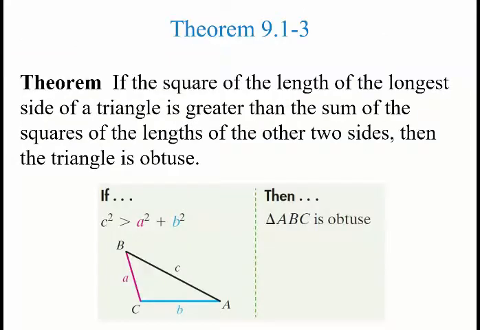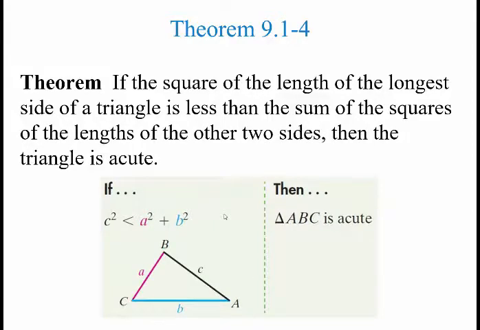All right, two last theorems. If the square of the length of the longest side, which is c, of a triangle is greater than the sum of the squares of the lengths of the other two sides, so if you have c squared greater than a squared plus b squared, then triangle ABC here is an obtuse triangle. So this angle right here, C, is greater than 90 degrees.